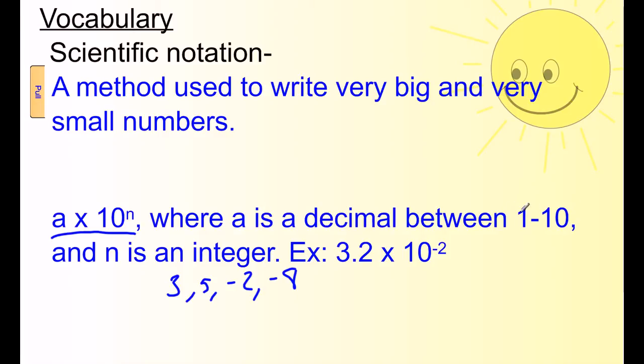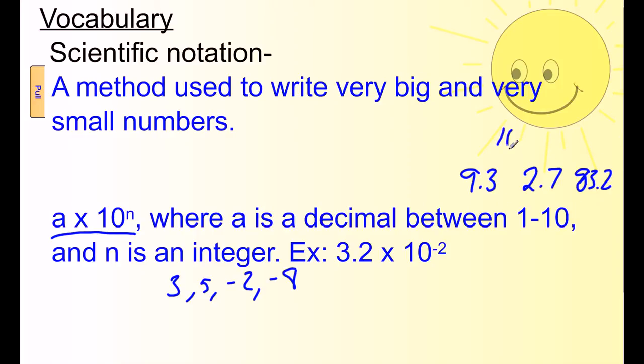And this first number, the a, being between 1 and 10, basically what it comes down to is it has to be a single digit number, or I should say one number in front of the decimal. So like 9.3 is great. 2.7 is fine as well. 83.2 is no good, because now you have two numbers in front of the decimal and you can only have one.